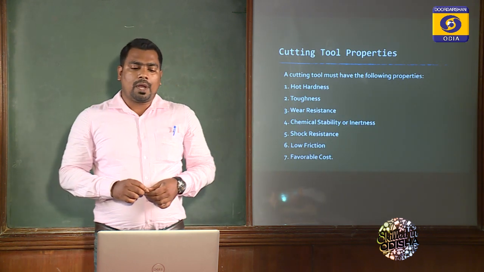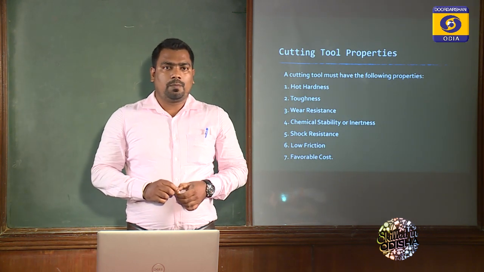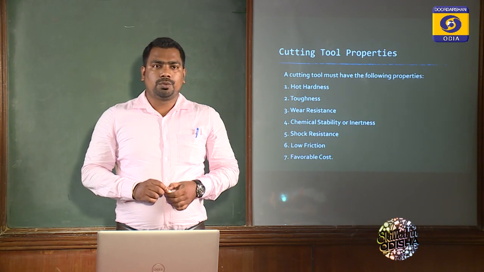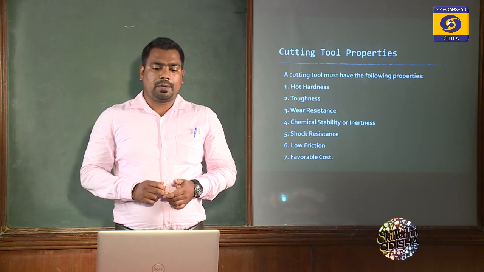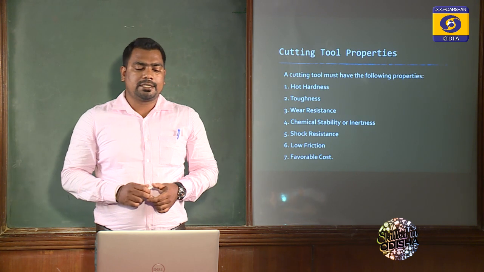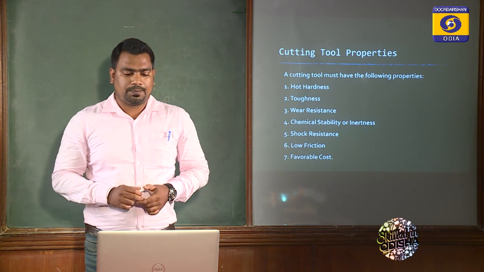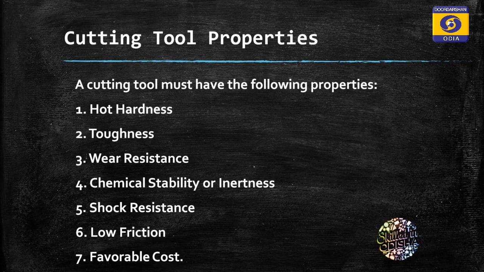Before coming to any type of cutting tool materials, we should know the basic properties a cutting tool material must possess. A cutting tool material must have the following 7 basic properties. First comes hot hardness.